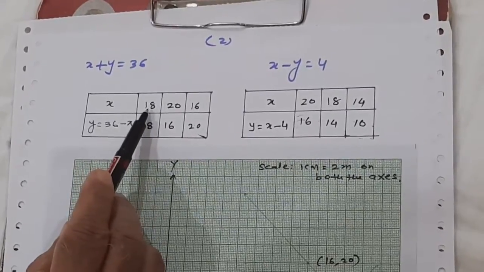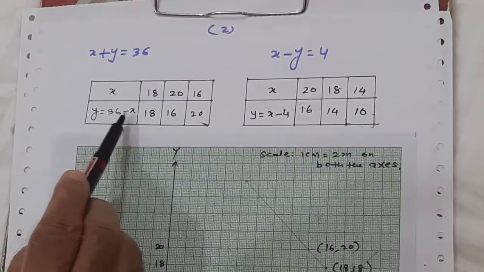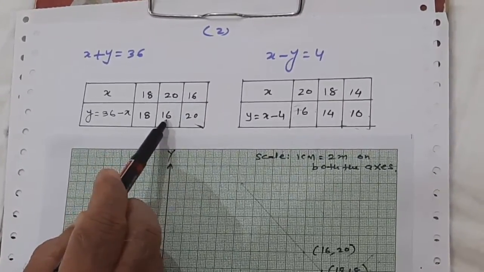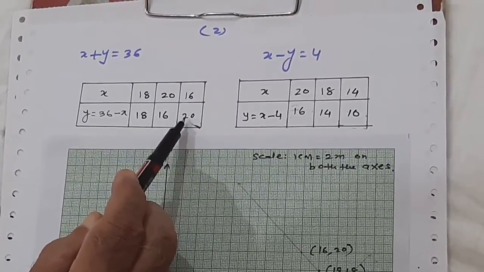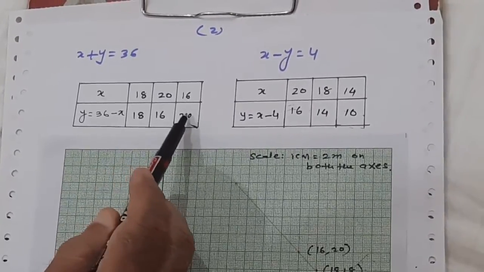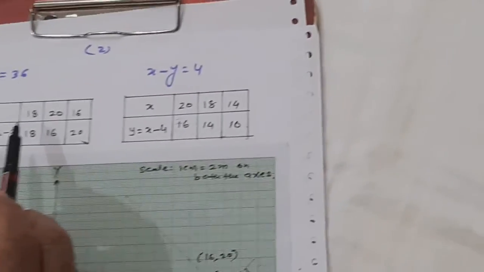So x is equal to 18 suppose. So we'll find the value of y. 36 minus 18 will be 18. If x is 20, y will be 16. If x is 16, y will be 20. Now at least two values should be taken. I have taken the third value for the safe side. You can take two values if you are sure.